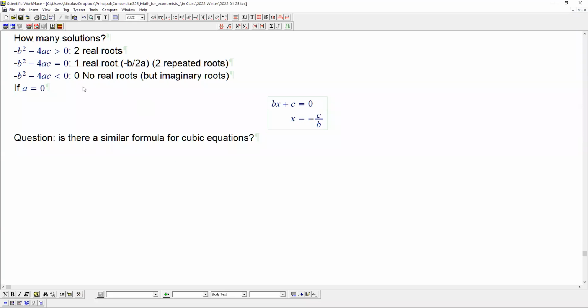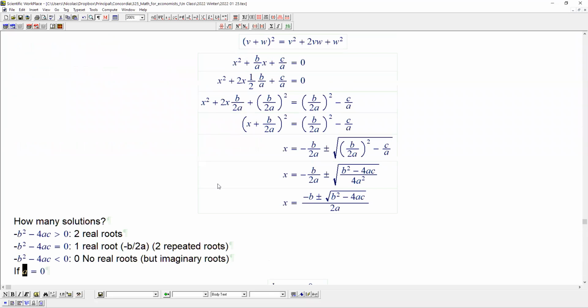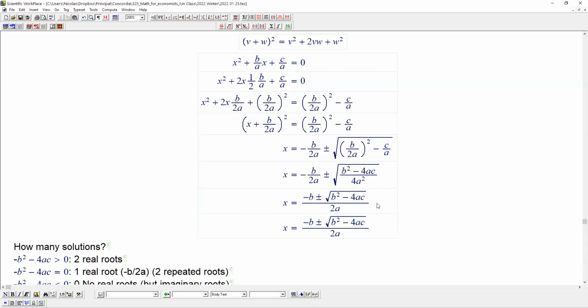So yeah, and why don't I get nothing? Well, it's because I have some a here and I have some a here. So yeah, if a equals 0, then what would I get here? If I mistakenly compute it, then this is 0.